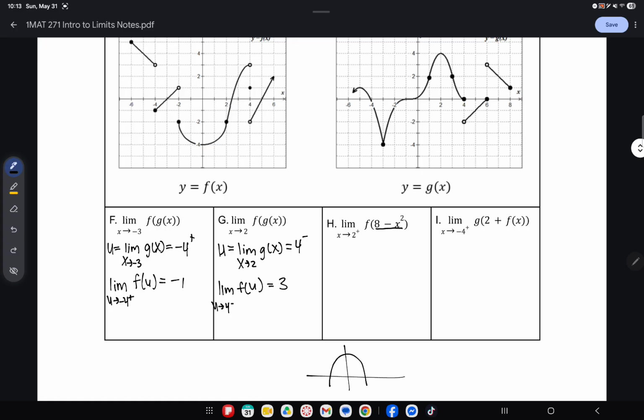So we could say that u is the limit as x approaches 2 from the right for that inside. Now we could do the algebra for it, but let's look at the function. If I go 2 from the right, I can just find that function value. So 8 minus 2 squared, which is going to be 8 minus 4 to give 4. Right?